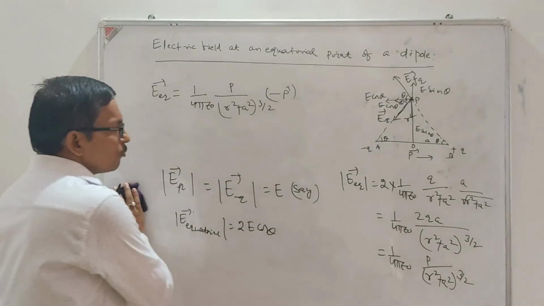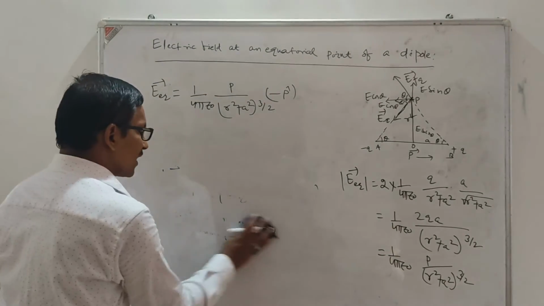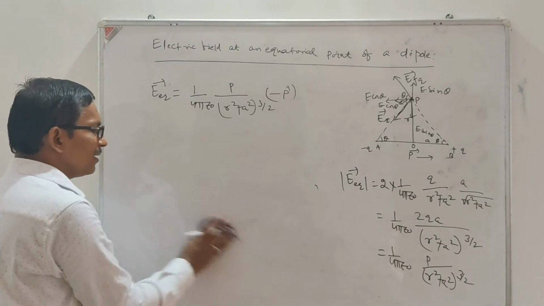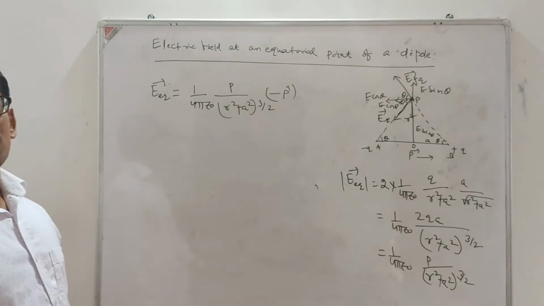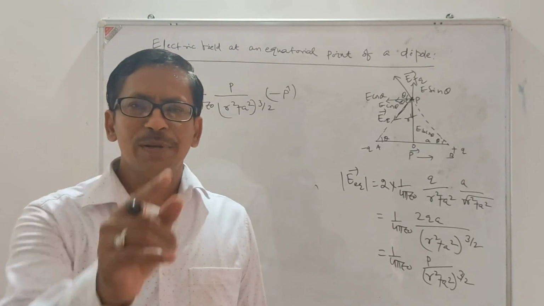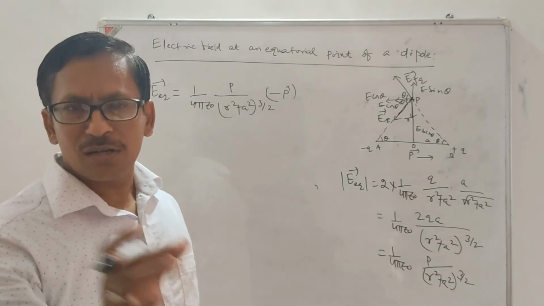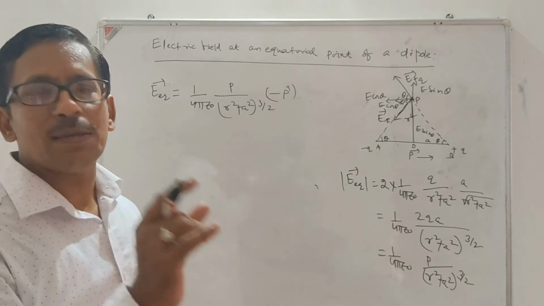Now as usual we will take a special case. The special case is for a far equatorial point or for a short dipole, when the field point is at a large distance from the dipole, it is called a short dipole.